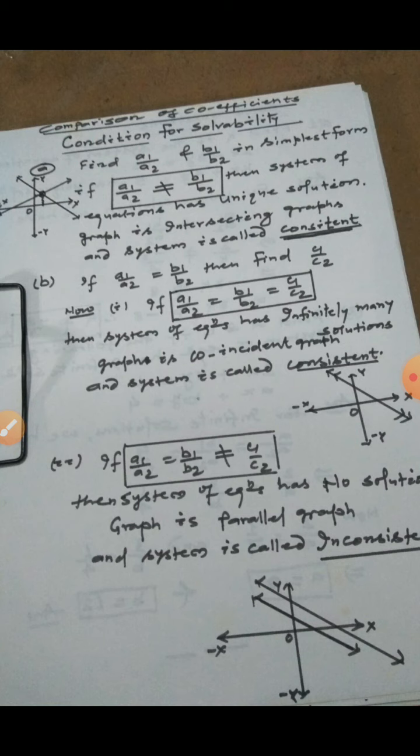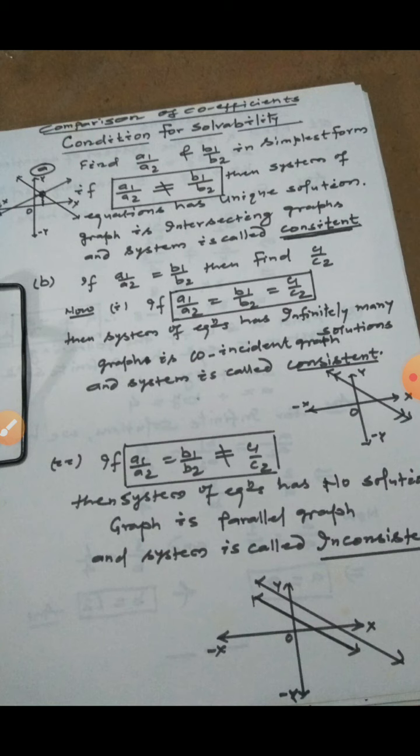Unique solution means there will be one value of x and one value of y, and this one value of each may be the same or different. So only one solution you will get for x and y. This is called a unique solution.